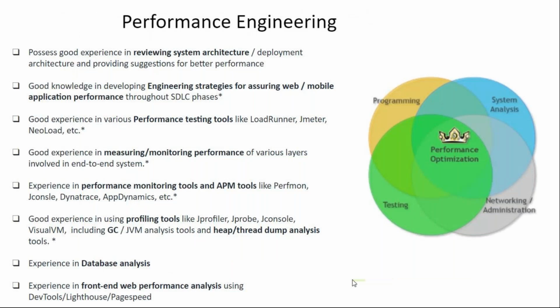Okay, so again, a very quick recap of all the activities from an engineering perspective. Whatever I've spoken about initially, that is what a performance engineer is going to do. Okay, two or three things which I missed out: reviewing the system architecture, right? That comes with experience, because when somebody designs an architecture, you're also going to get a requirement from your business saying, this is my non-functional requirement, right?